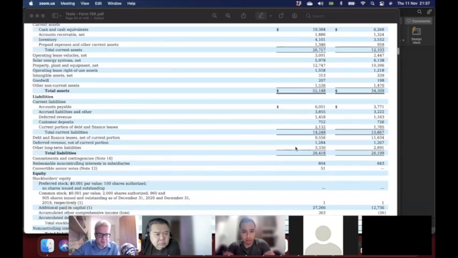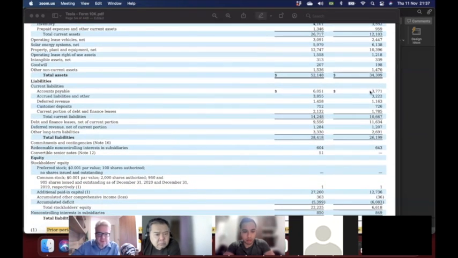Then we have accounts payable 3.7 to 6, a big increase here. Accrued liabilities, passiva, provisão, tá? Accrued provisão 3.2 to 3.8. Deferred revenue, receita diferida 1.1 to 1.4 billion.